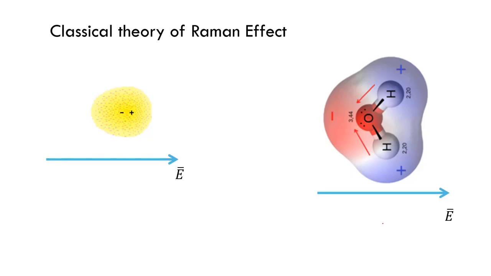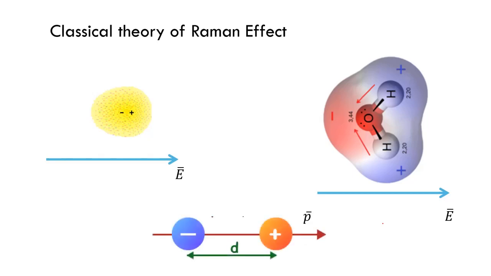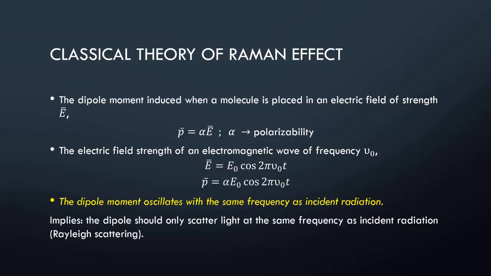So this can be considered as two equal and opposite charges separated by a distance. And what is that? It is a dipole, with a dipole moment P. So using this, we are explaining it.